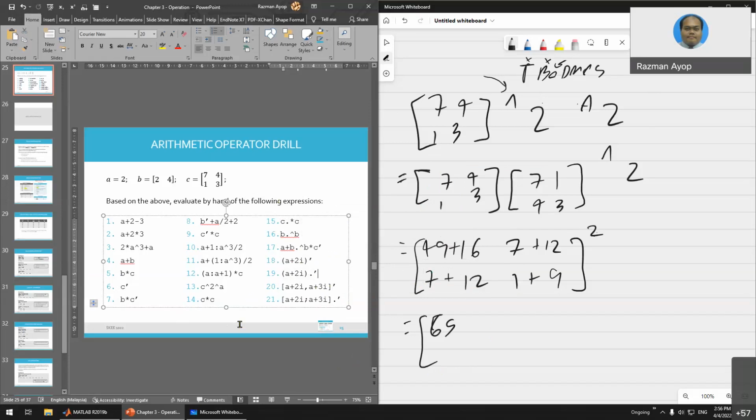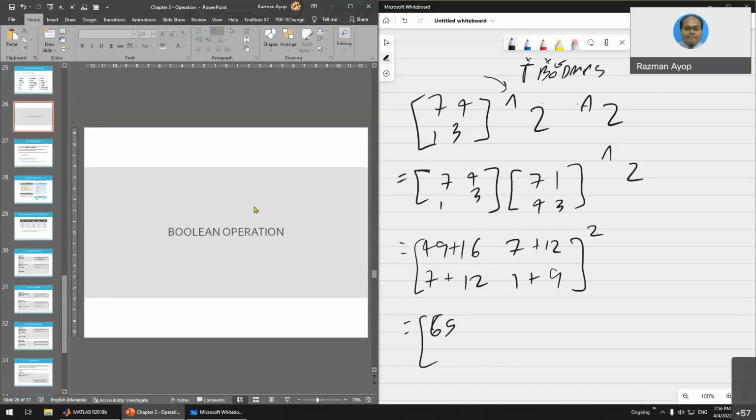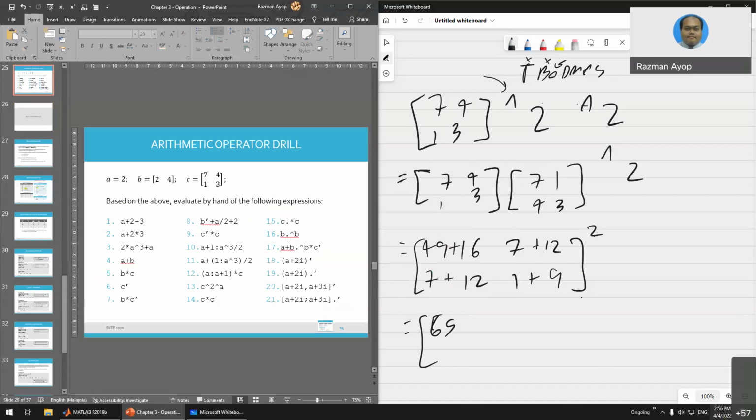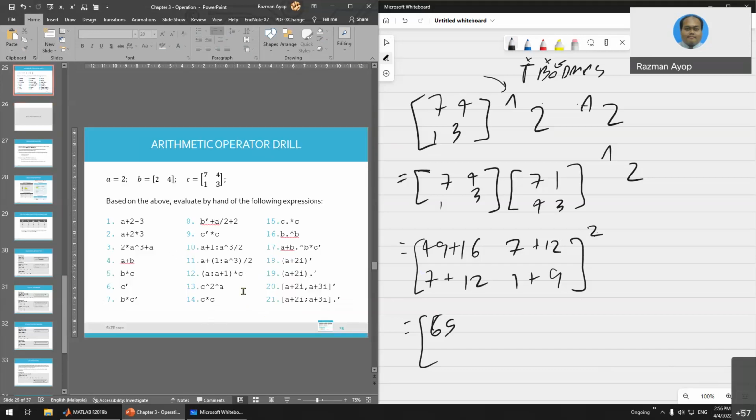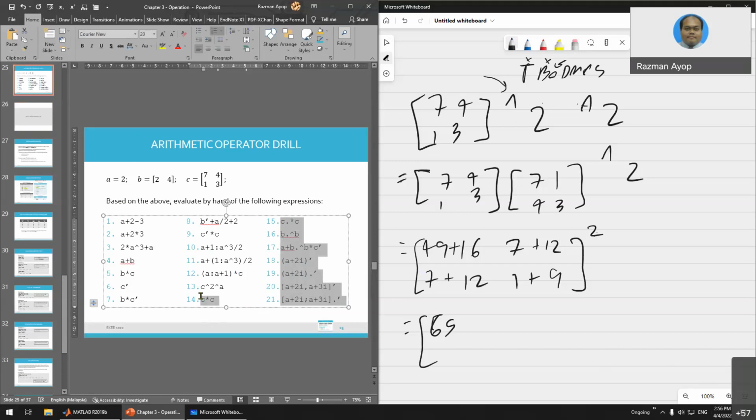Okay, so we have completed the arithmetic operation drill, okay? So we take a 5-minute break, okay? And we will continue with Boolean operation. So make sure in your free time, you try the rest of the exercise.